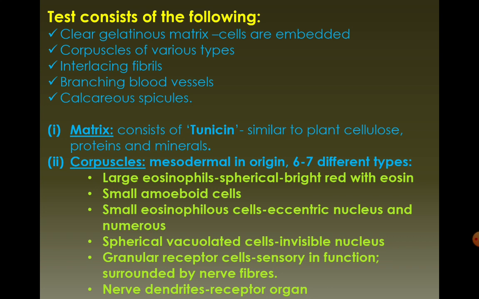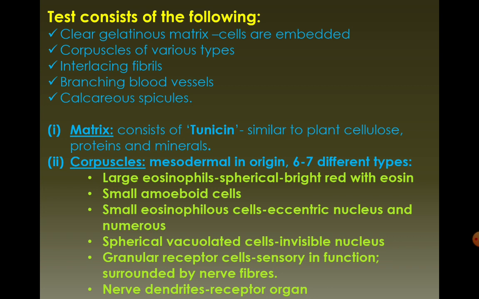Corpuscles or the cells that you see in the matrix are all mesodermal in origin, and there are around 6 to 7 different types of cells that are seen in the test. So in the matrix we find these cells which are mesodermal in origin. In Herdmania pallida, 6 different types of cells have been reported.